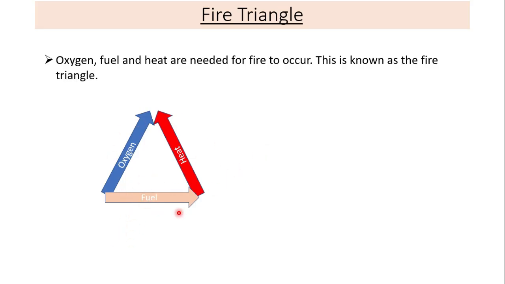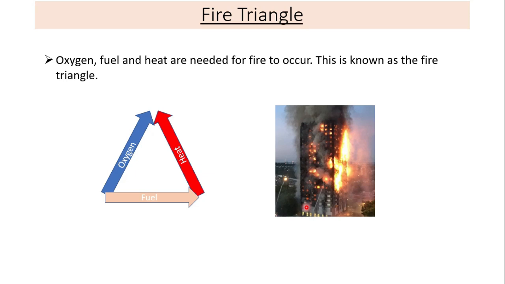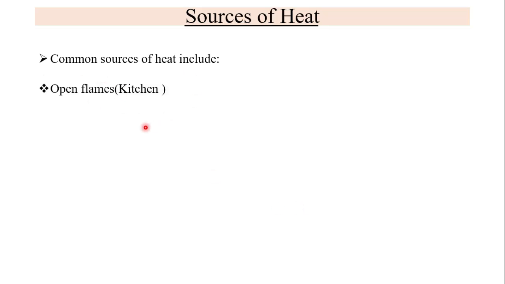Here, as you can see, this is the kitchen open flame, which generates heat. Another is an electrical short circuit, which also generates heat. And here a smoking cigarette: someone who smokes can throw it like this, and it will ignite wood as a source of fuel and heat it up, and oxygen is also present.